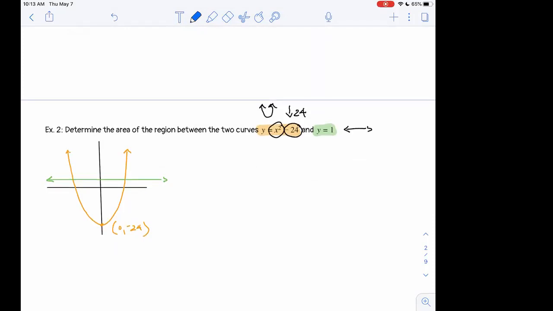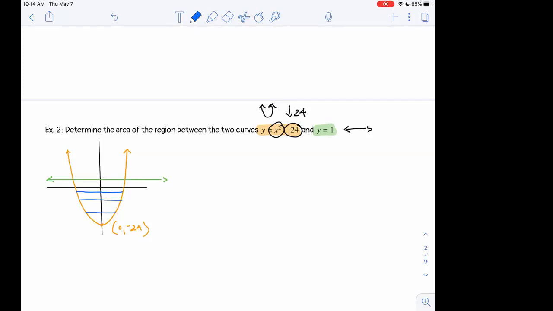So if I wanted to draw my rectangles and I was like, here's one rectangle, here's another rectangle, here's another rectangle. The rectangles that I'm drawing are horizontal, so I would want to use dy in this case. Like if I kept the rectangles that way, I would be telling whoever's looking at my work that I'm planning on doing dy.